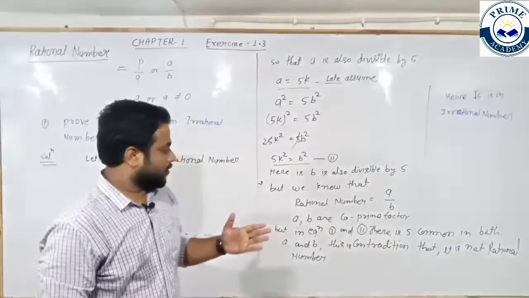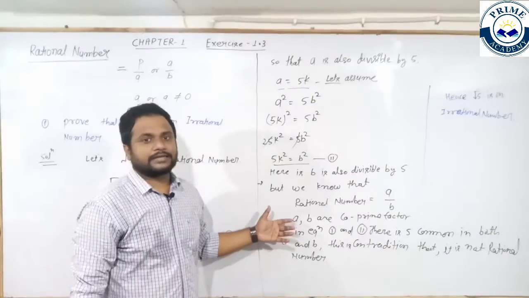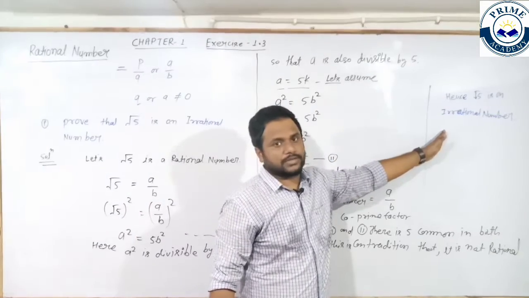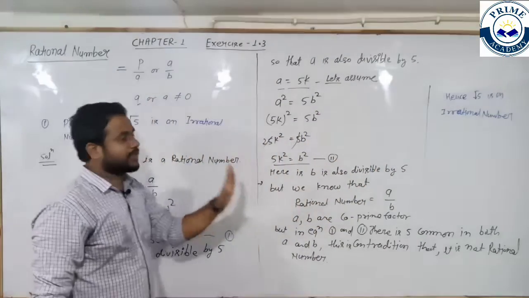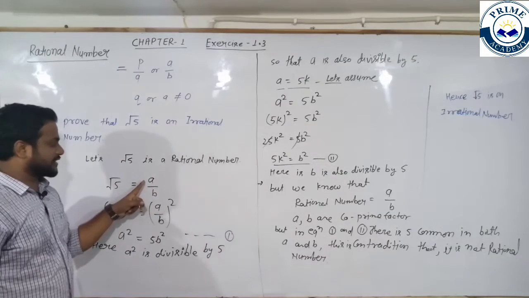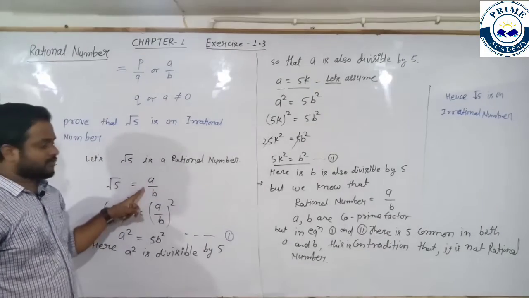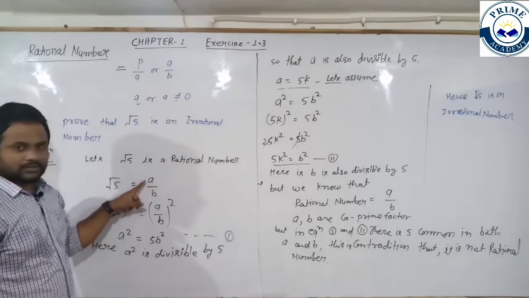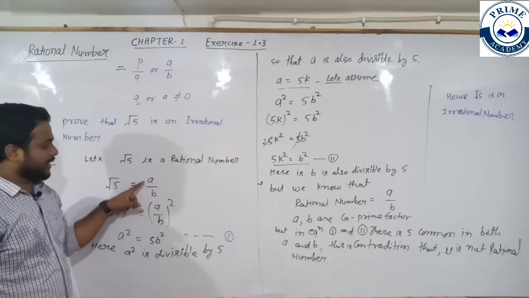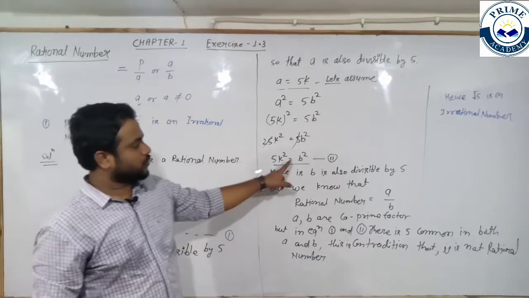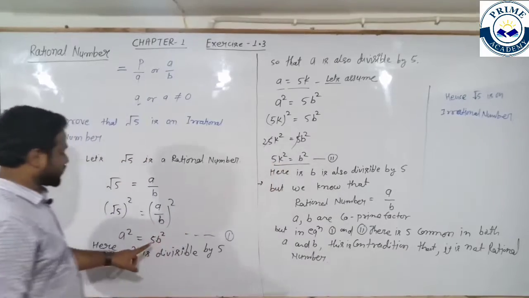So we got the solution that root 5 is an irrational number, because in every rational number the fraction a and b are co-primes, means there is no common factor between a and b. But here in equation 1 and equation 2 we got 5 common in both.